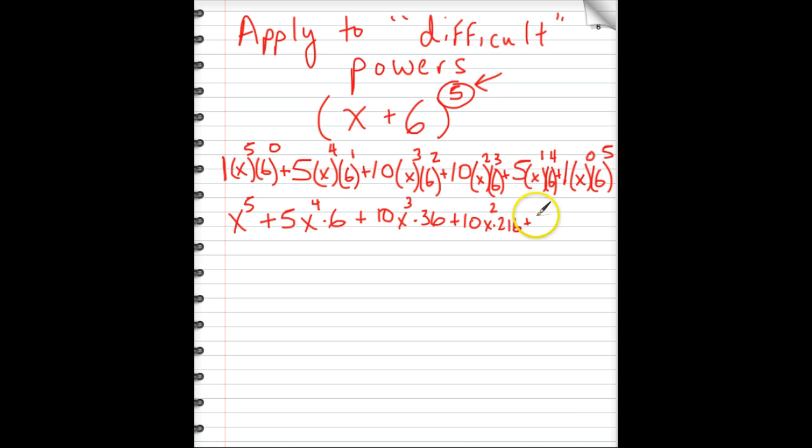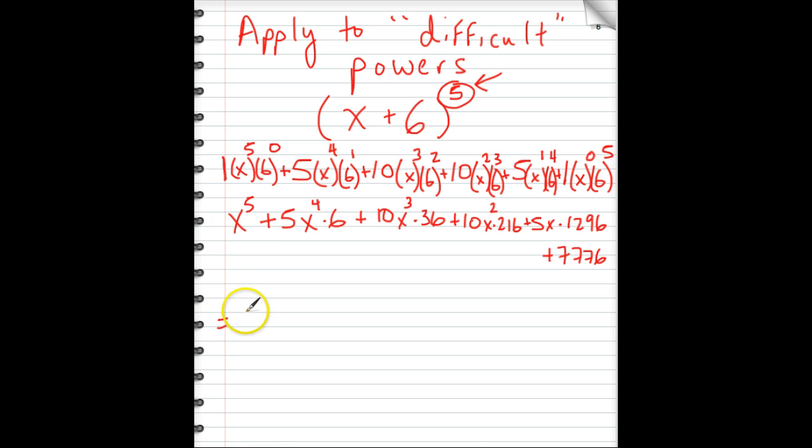Here we have a 5, we have x to the 1st, and we have 6 to the 4th, which is 1296. And then finally we have a 1, we have x to the 0, which is still 1, and we have 6 to the 5th, which is 7776. Okay.